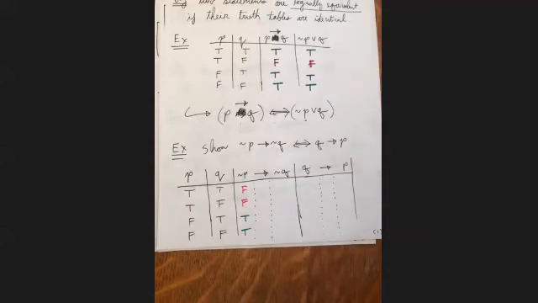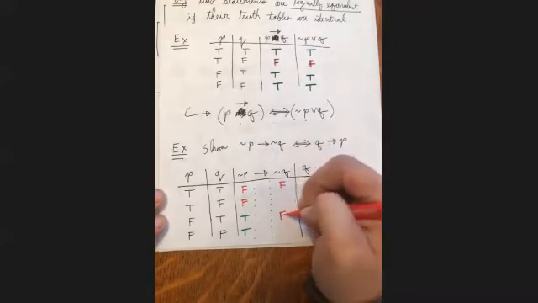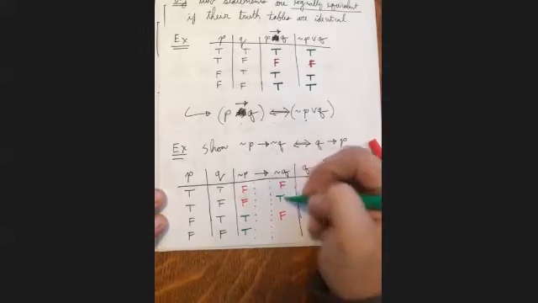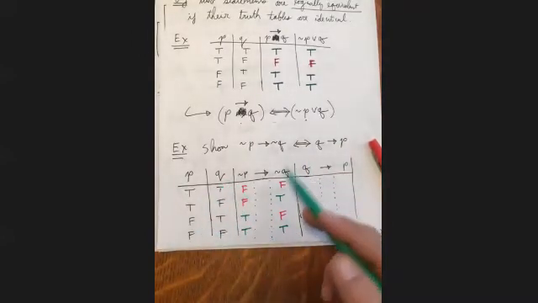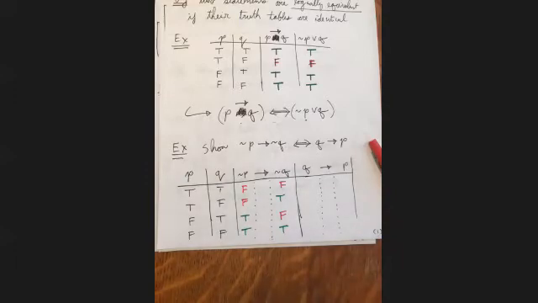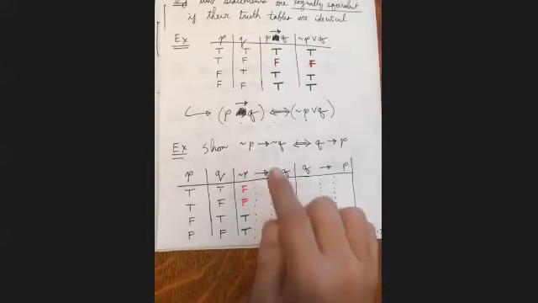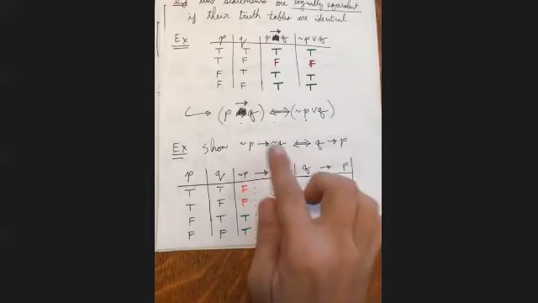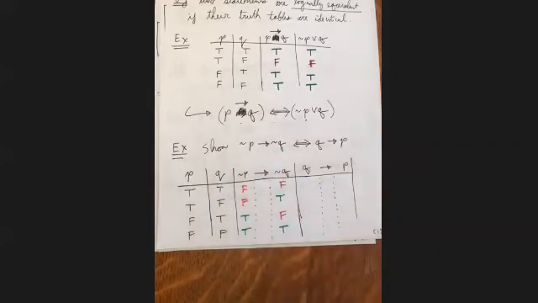Okay, so we do the same thing for not Q, and we end up with false, false, true, true. And all we're doing is flipping around those truth values there. And then we use this imaginary column here to stand in place for the full statement, not P implies not Q, but we just put it under the implication symbol.